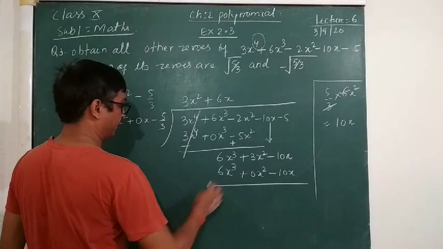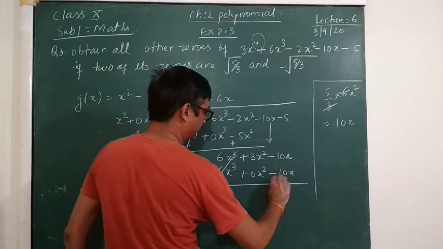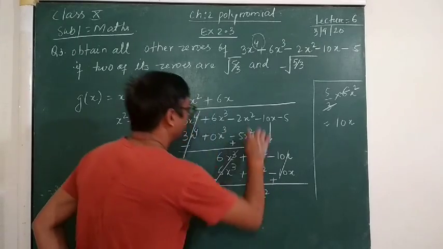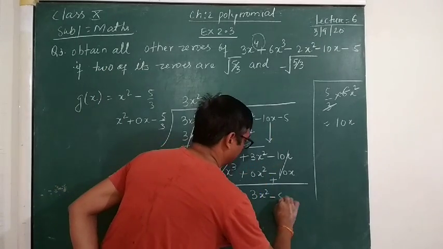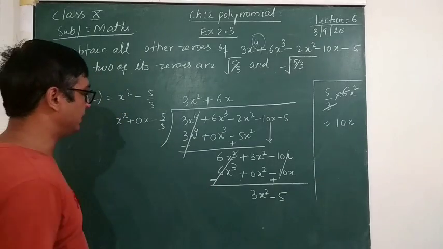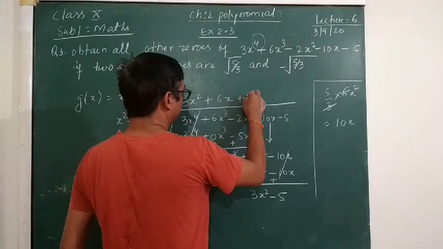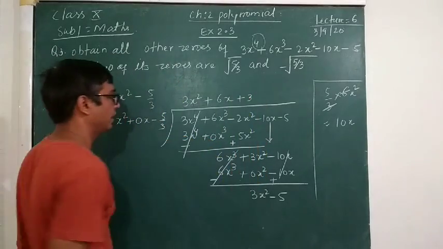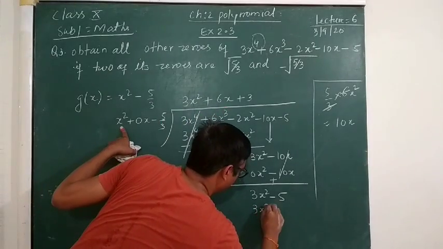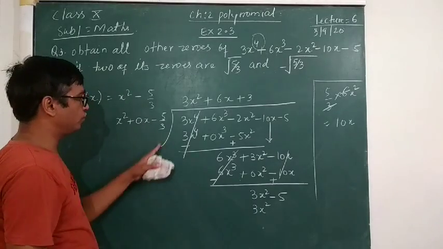So now you will get 3x square minus 5. By which number will you multiply to get 3x square? Obviously you will put plus 3. So if you do 3, you will get 3x square. 3 into 0 you will get 0, so no need to write.